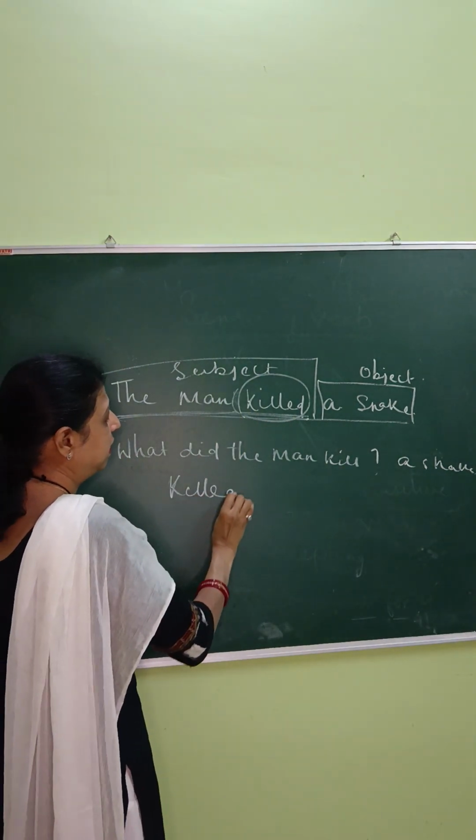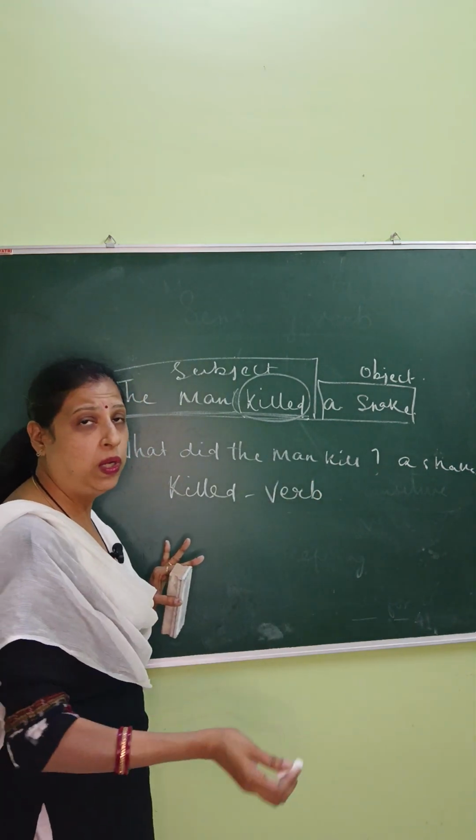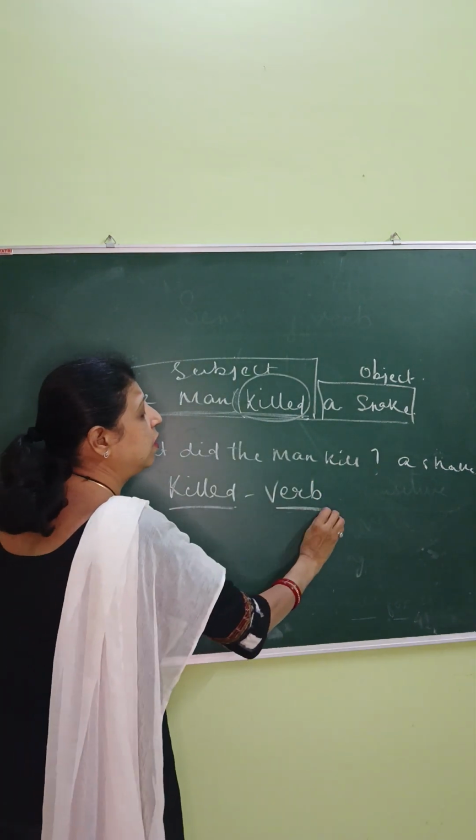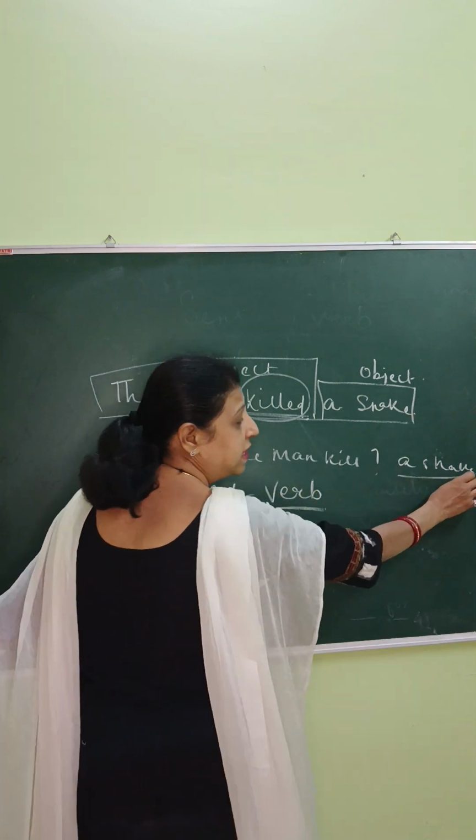Killed is a verb because it is an action word. Now what did the man kill? It killed a snake.